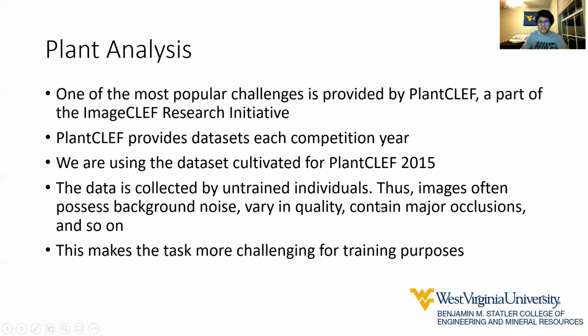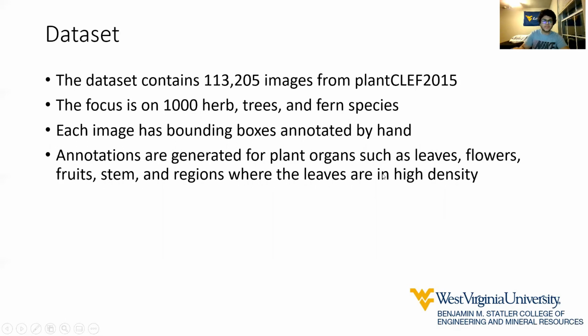That's why we are making bounding boxes around each individual organ to avoid background noise. We'll have a look at those in a bit. So the dataset contains 113,000 images, which focuses on 1,000 herbs, trees, and fern species.